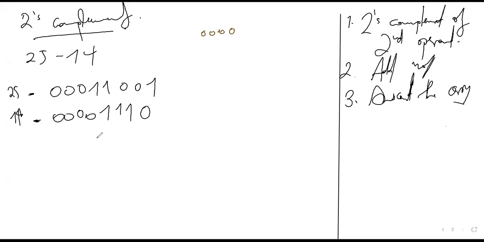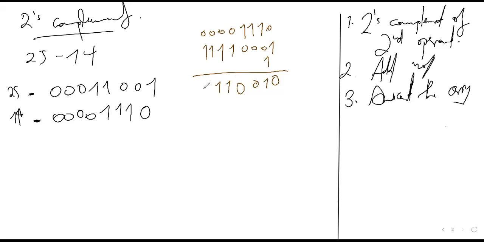Is this a 14? 8, 12, 14. It is correct: 1, 1, 1, 0. That's a 14. The 2's complement of that number, we invert first: 1, 1, 1, 1, 0, 0, 0, 1. After we invert, we add 1: 0, 1, 0, 0, 1. This is the 2's complement of the second operand.